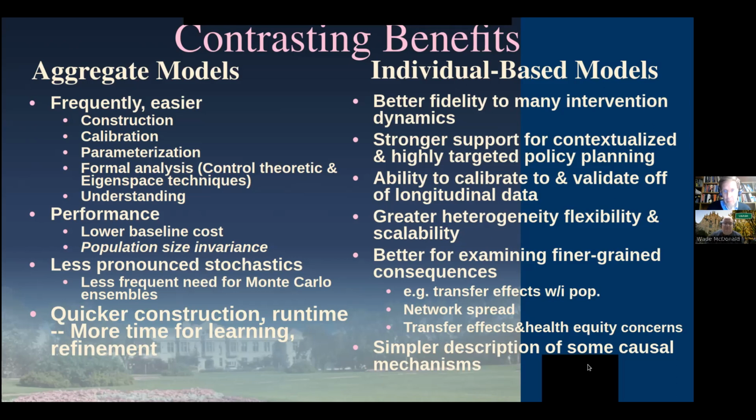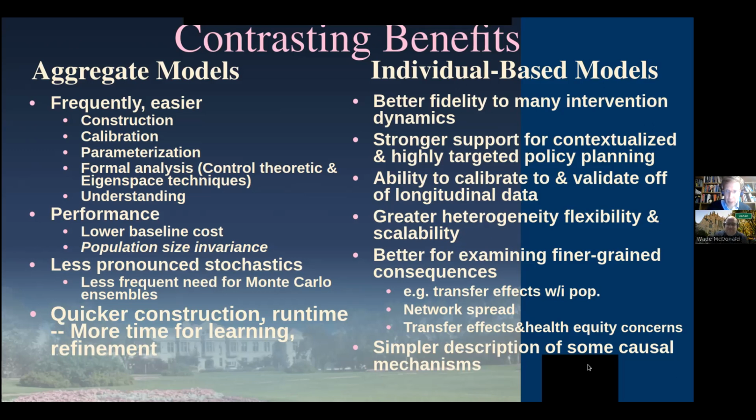learning and refinement. By contrast, agent-based models provide us this exceptional tool for really understanding with greater reliability intervention trade-offs. We can represent those interventions that are contextualized, that are based on individual history, for example, individual position in networks or space.